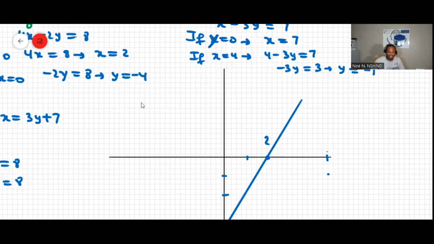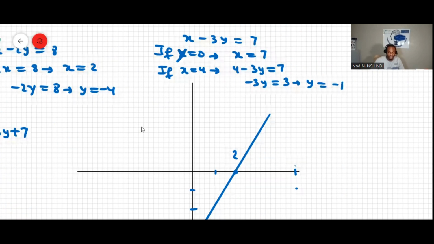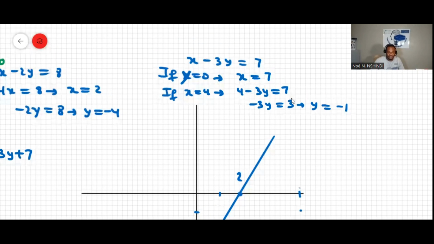Now, for this other one, we say that if y is 0, x is 7, let's say 7 is there. So we have this point. And then if x is 4, y is -1. So let's say 4 is somewhere there, and -1 is somewhere there. So here is the point of intersection.